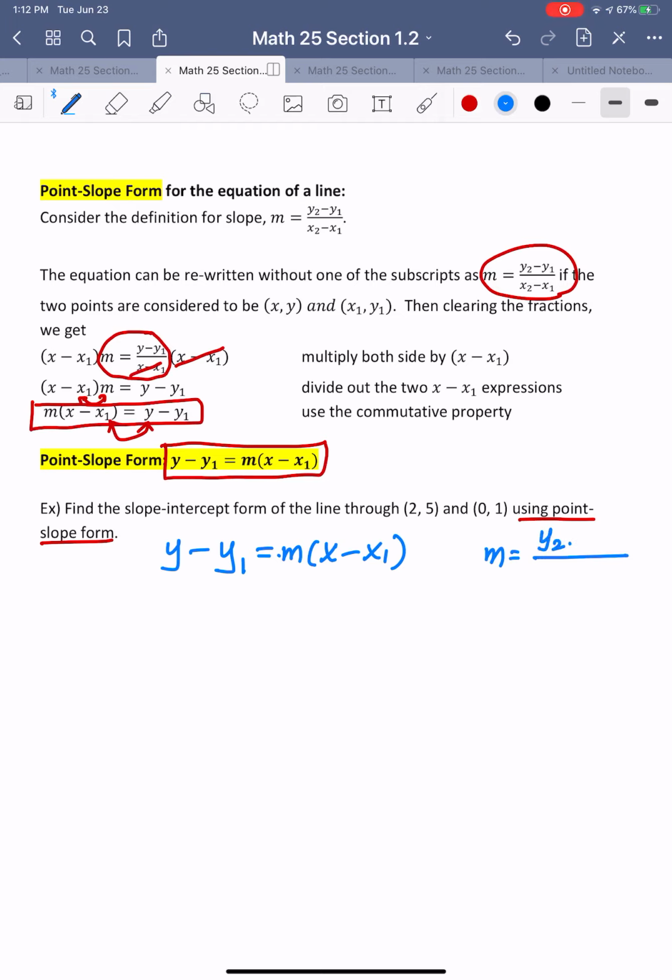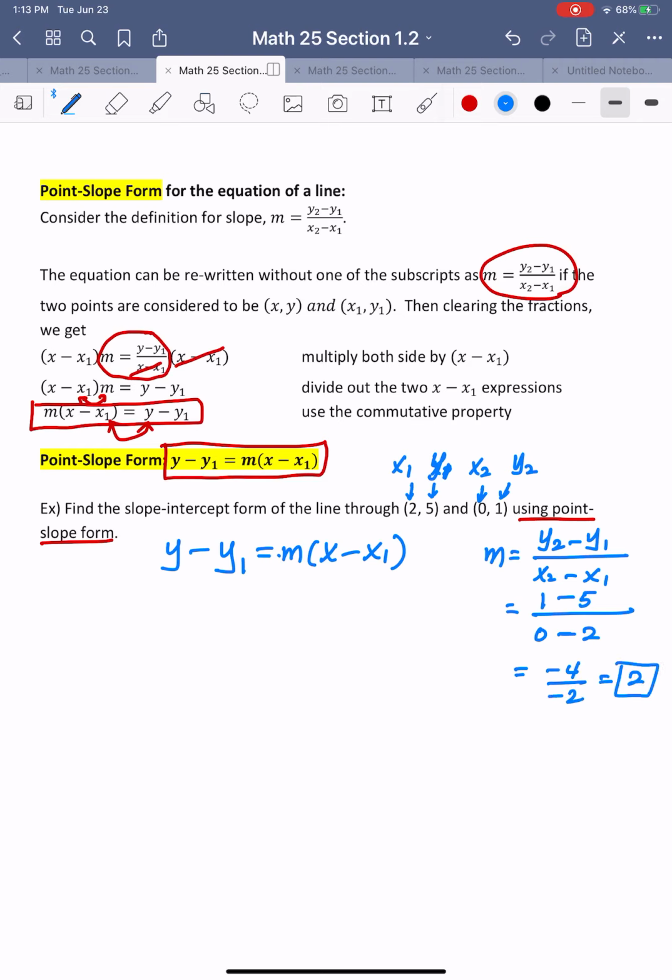So y subtract, x subtract, and plug it in. So let's say this is x1, y1, x2, y2, okay? So 1 subtract 5 over 0 minus 2. So I got negative 4 over negative 2, which is 2. So that's the slope. So we got the m.